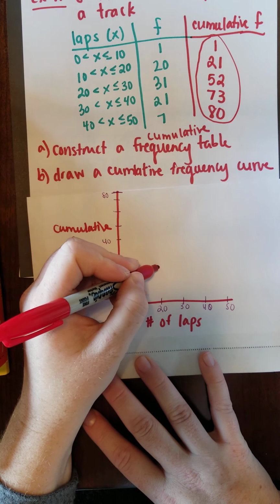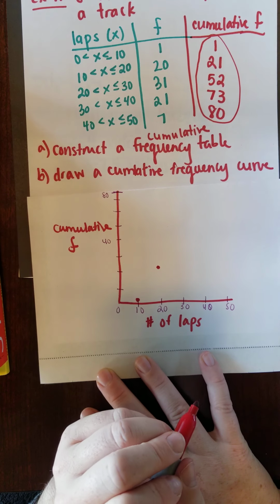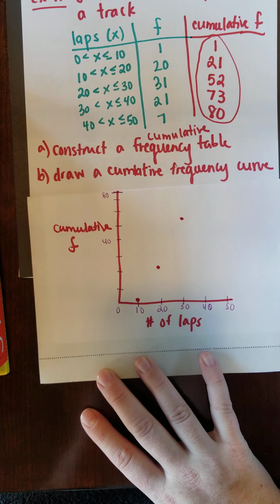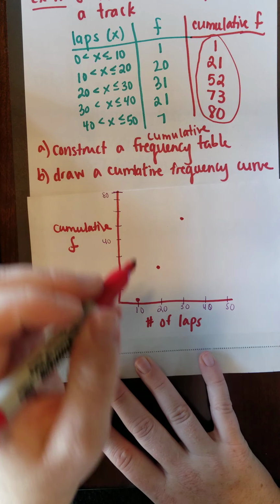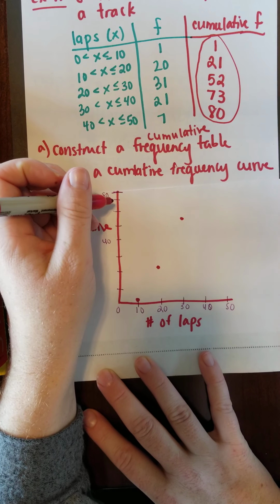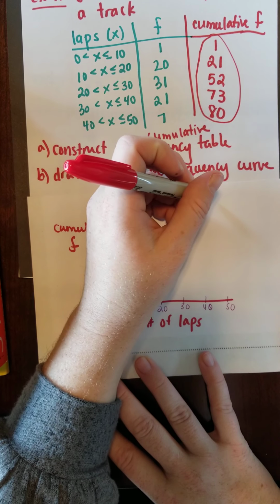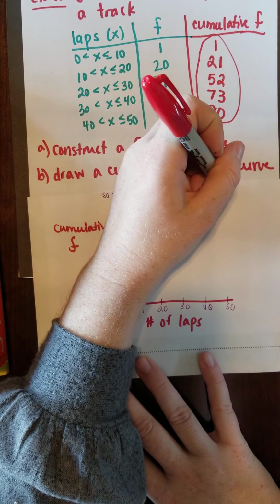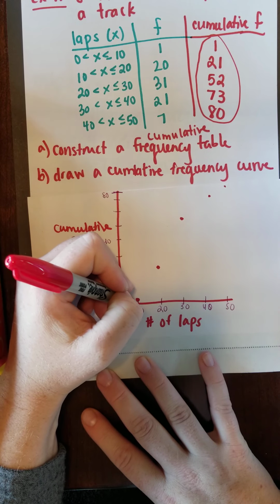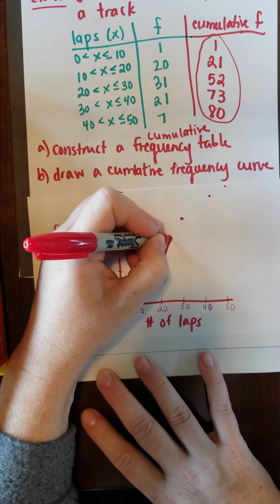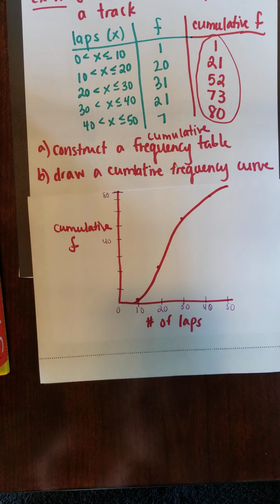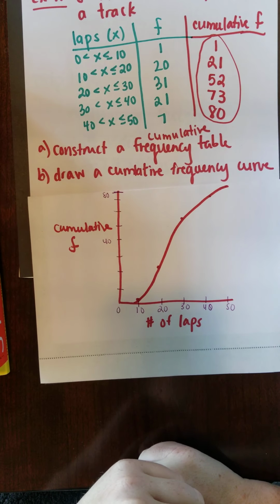And then 30 would go up to 52. 40 would be at 73. And then 50 would be at the 80. So here's my curve. And that's what a cumulative frequency curve looks like.